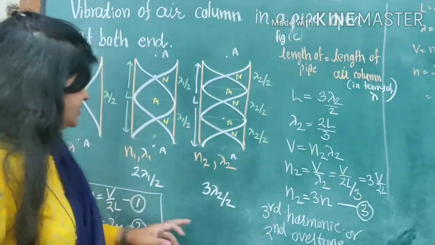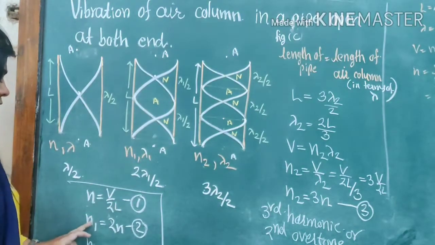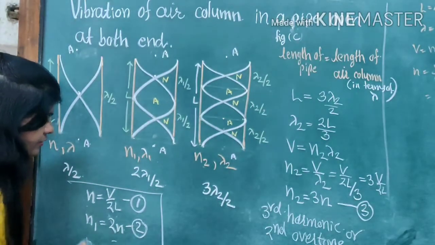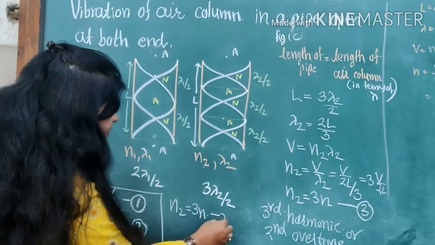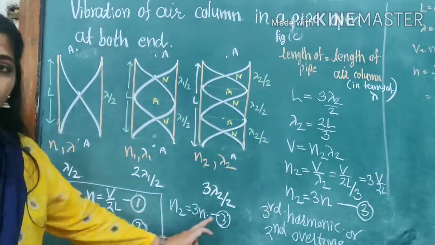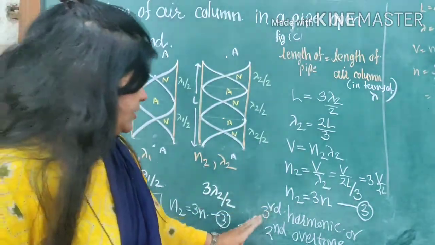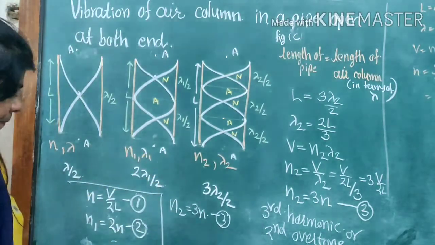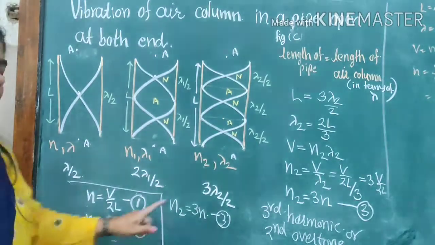Like that, here the first equation gives n is equal to V by 2L, n1 is equal to 2n, and the third is n2 is equal to 3n. From equations 1, 2 and 3, it represents the frequencies of these 3 modes of vibration, and here we have n, 2n and 3n.